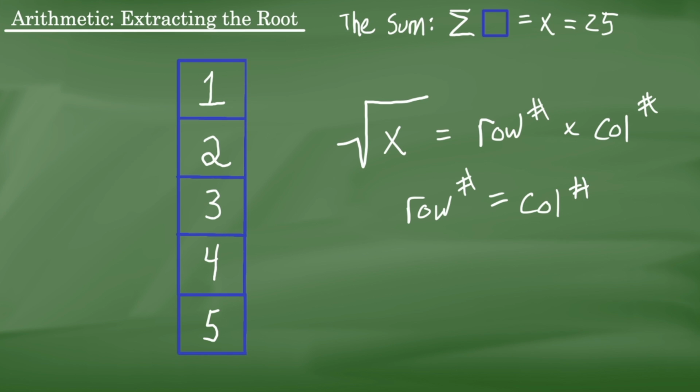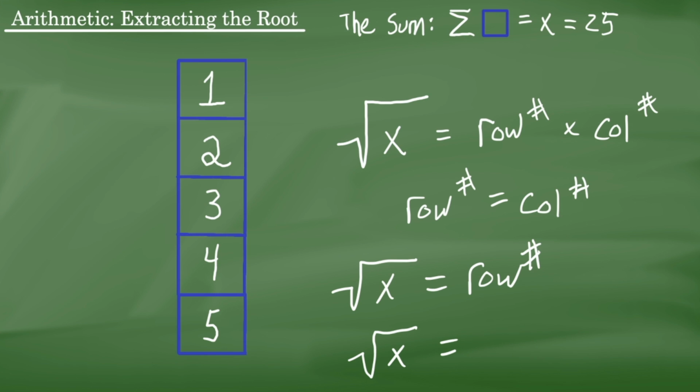That's what makes it a square. So therefore, the square root of x is either the number of squares in the row, or the square root of x is the number of squares in the column. So in this case, we have 5.